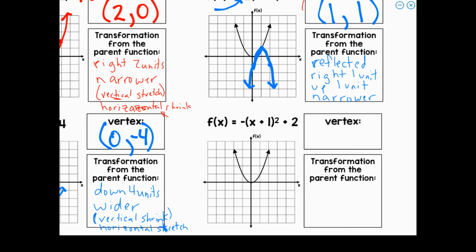Okay. Very last one. Negative 1, positive 2. Yep. So it's up here. And I've got a negative sign there.